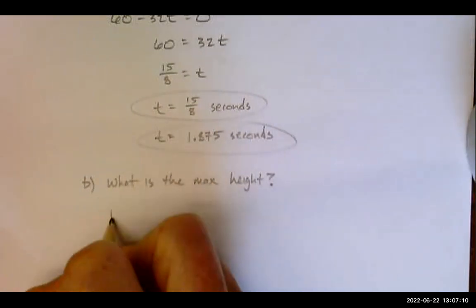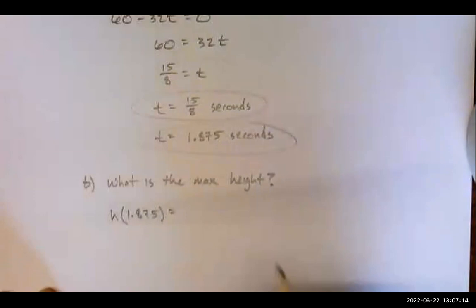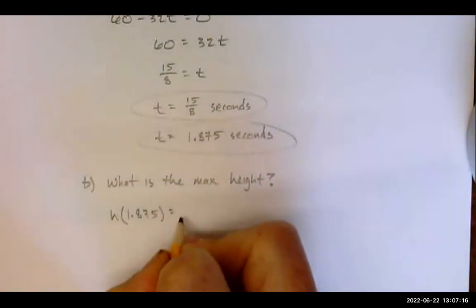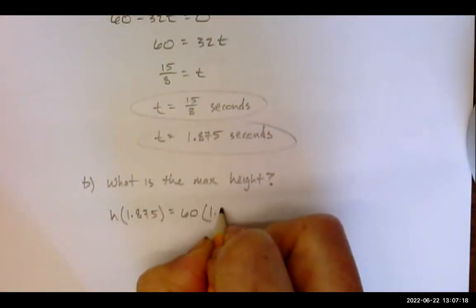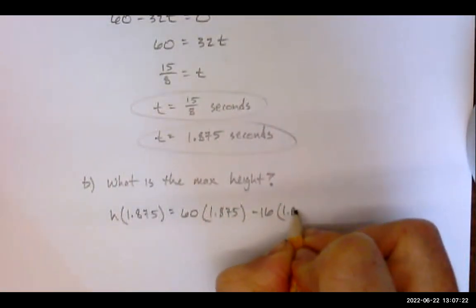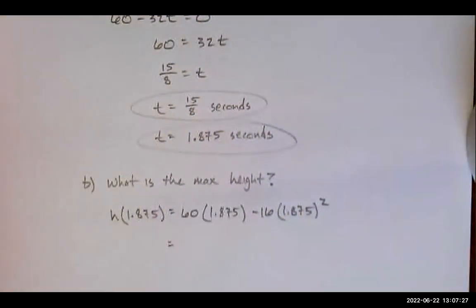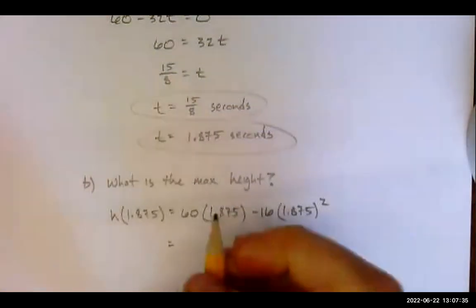We could say this is h(1.875). 60 times 1.875 minus 16 times 1.875 squared. Yeah, let's find out.